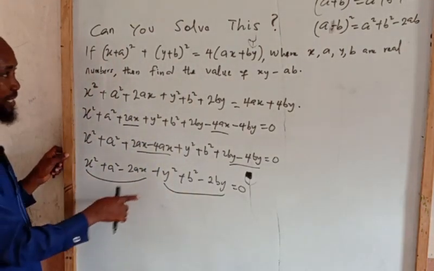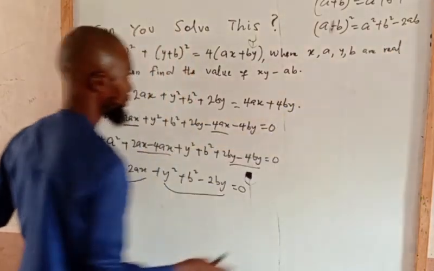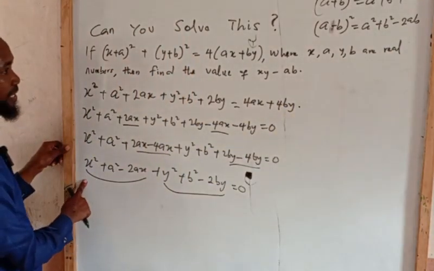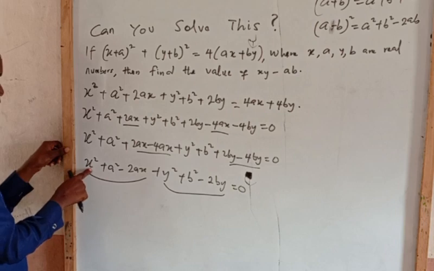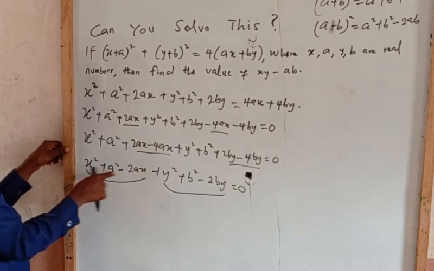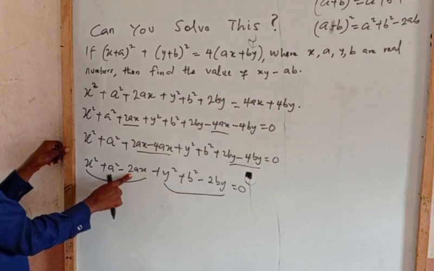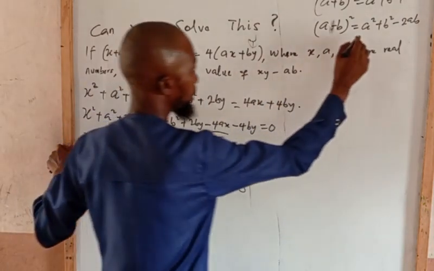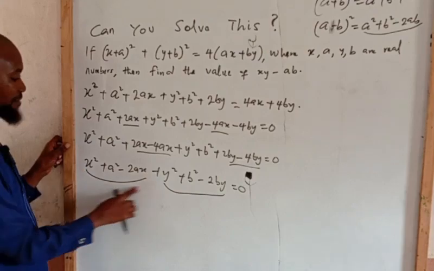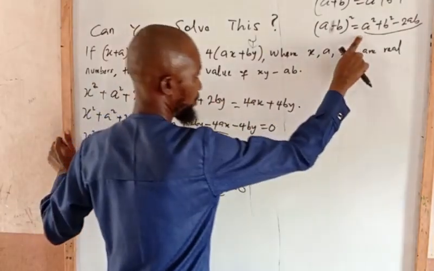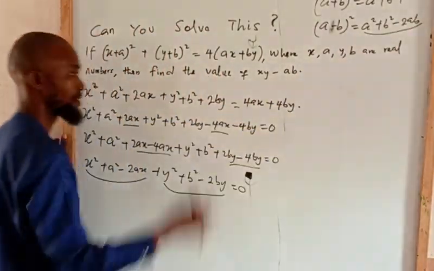This first one I underlined is of this pattern: the first one is squared, the second one is squared, and the product of the first and second is doubled, that is, multiplied by 2. So everything I have here satisfies this property on the right hand side.